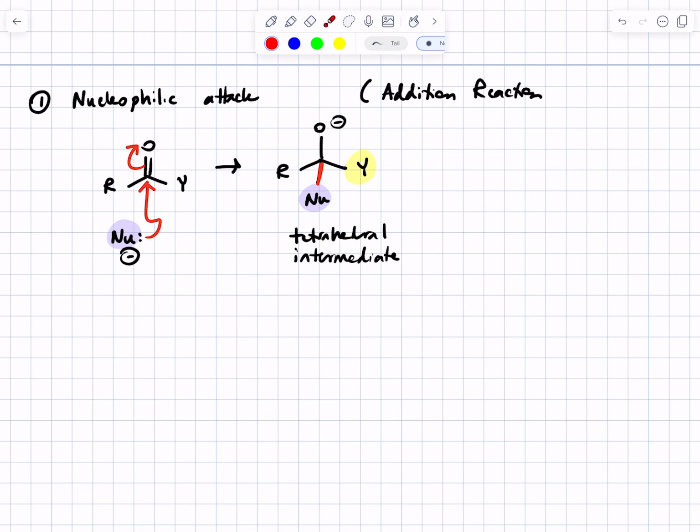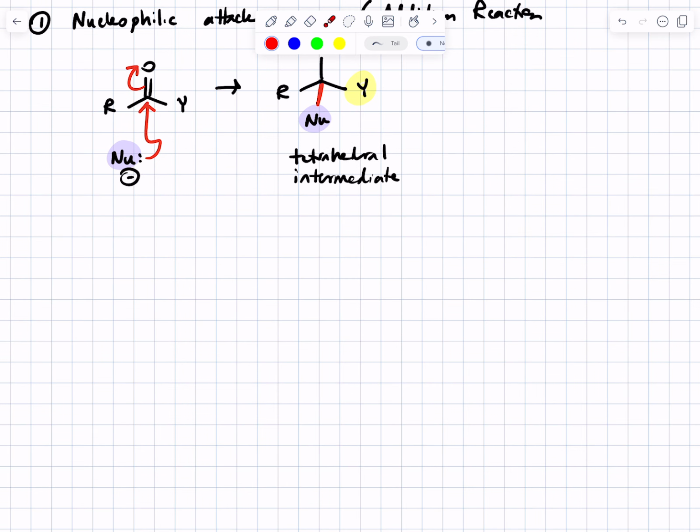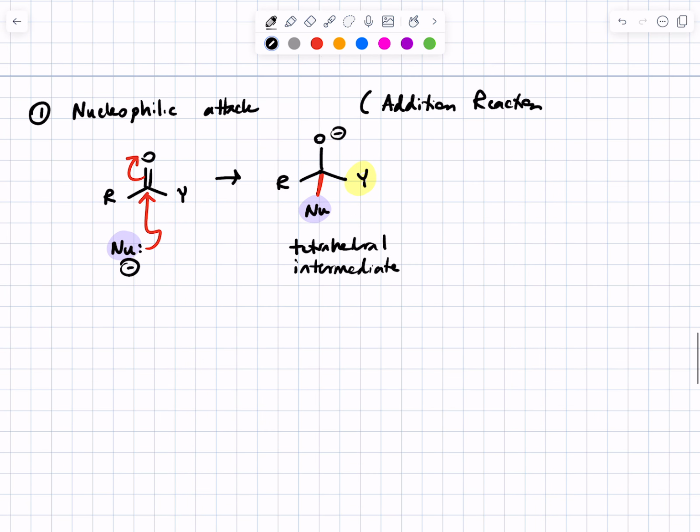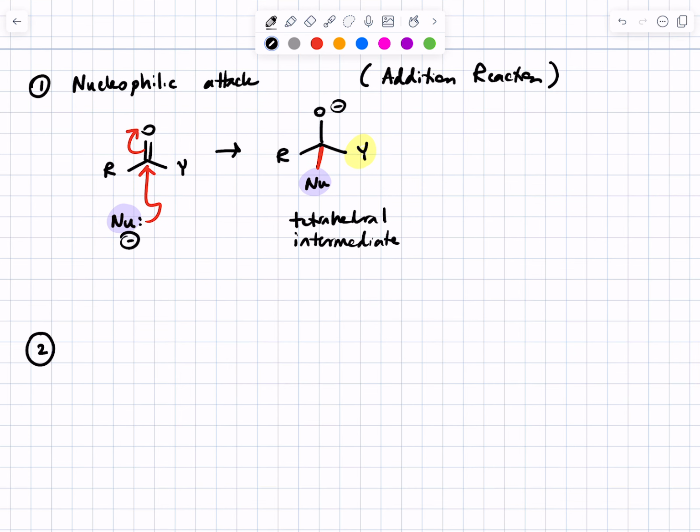Why are we even talking about this? Well, let's imagine something else that can happen to the tetrahedral intermediate. So we're classifying mechanistic things that carbonyl compounds can do.